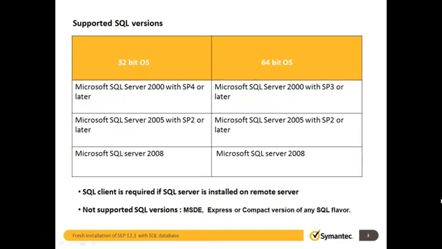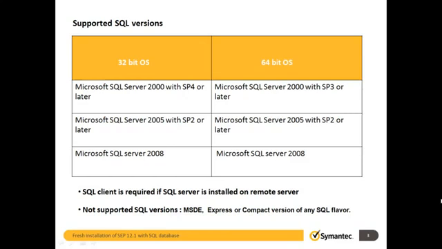Let's see what the supported SQL versions with SEPM are. If you are installing on a 32-bit operating system, then Microsoft SQL Server 2000 with Service Pack 4 or later, Microsoft SQL Server 2005 with Service Pack 2 or later, Microsoft SQL Server 2008.